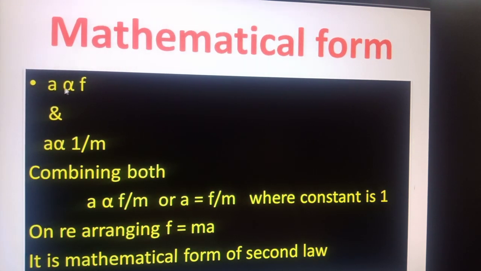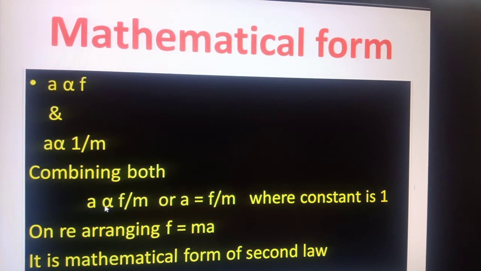According to the first part of the law, when force is applied on a body, it produces acceleration in the body which is directly proportional to the applied force, a proportional to F. And according to the second part of the law, this acceleration is inversely proportional to the mass of the body. Combining these two, we get the form: a is directly proportional to F by m, or a equals F over m. Here the sign of proportionality is removed.